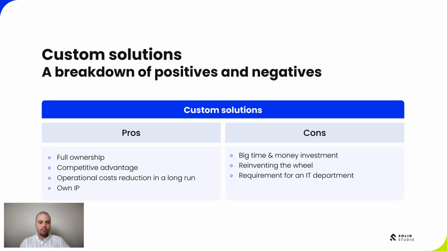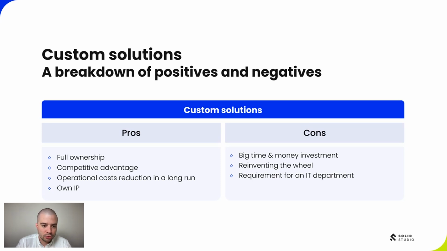So from building something from the scratch, there are quite obvious pros here. So first of all, you are in the full ownership of the solution. Once built, you are independent from any third party, and you can build your competitive advantage thanks to shipping the innovations quickly before the competition.